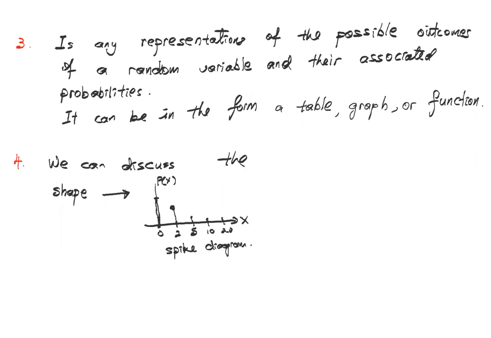Okay. So from the shape of the graph, we can talk about the shape. Is it skewed what? Skew right, that is positively skewed. Or there is another option for this case.